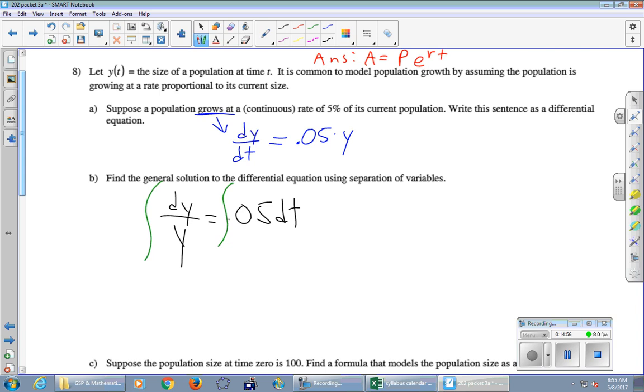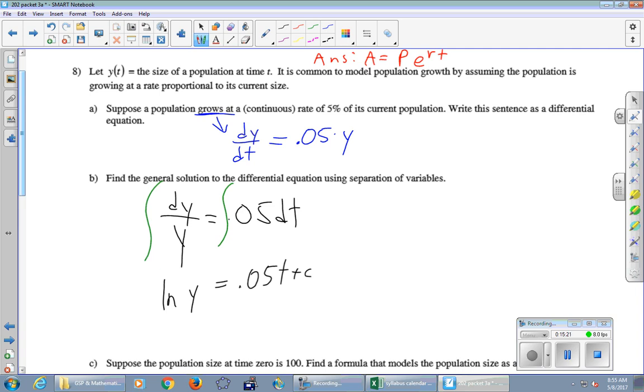Integral of dy over y. That's ln. ln of y equals 0.05 dt. What's the integral of that? 0.05 t. And then don't forget we'll put a plus c.